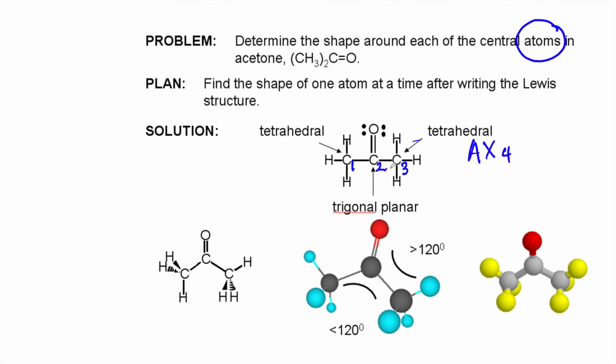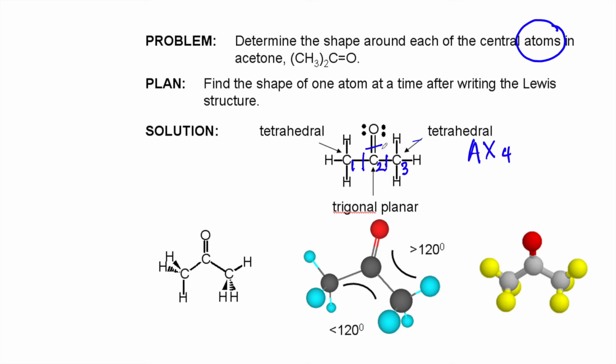Why? Because we have three bonds surrounding the carbon. There are four bonds here, but this one is a double bond, and we count it as one.